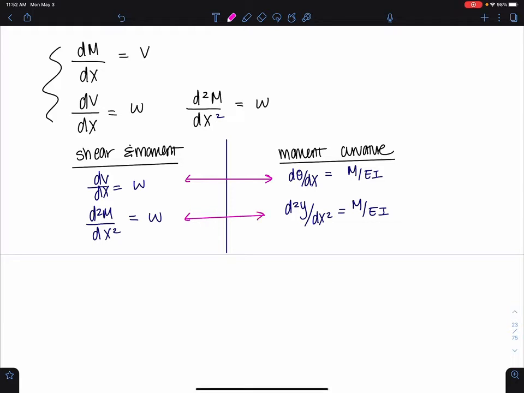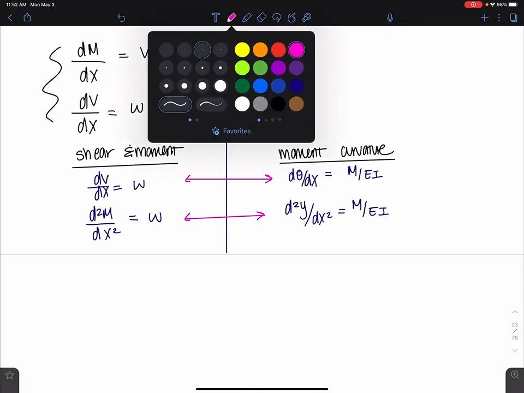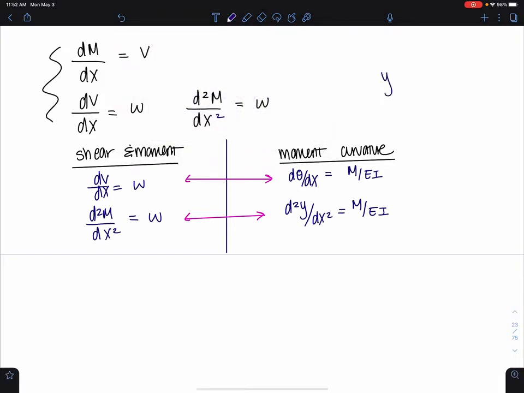So there's this similarity that exists in the way that we can represent moment curvature and shear and moment. Remember that whenever we use y, that's the same thing as using delta, that's the same thing as using this fancy little v or nu. So when I put y here, it's the same thing as delta or nu, in reference to whatever you're using to study, either the textbook or these notes.